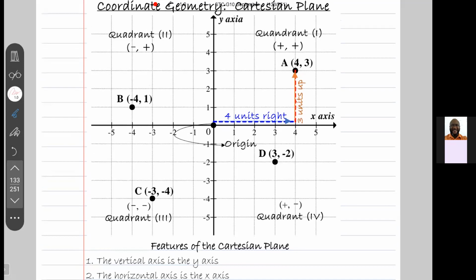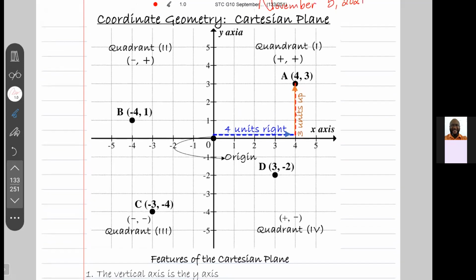Let me describe some of the features of the Cartesian plane. The vertical axis is called the y-axis, and the horizontal axis is called the x-axis. The point where the y-axis and the x-axis meet is called the origin.